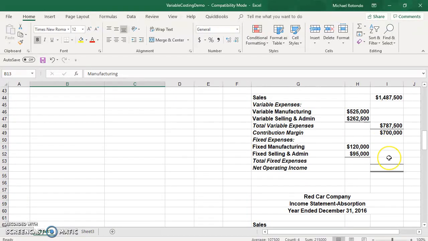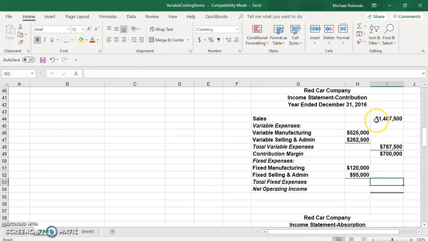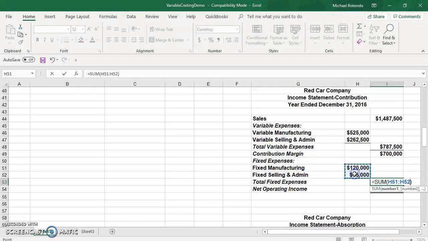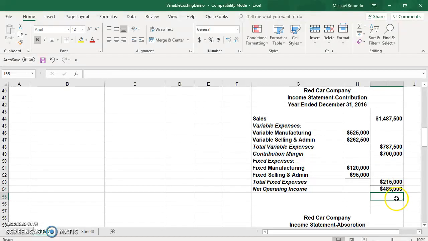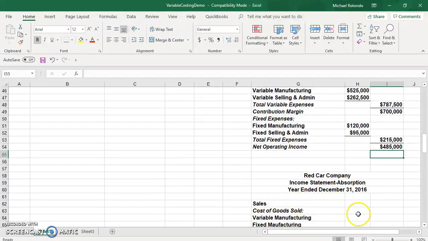So our total fixed expenses is going to be $215,000. So our net income under this scenario, remember contribution margin minus fixed expenses, will be $485,000. So we're probably going to get a different net income here, right? And it's probably going to be higher because we can only expense what we sell for the fixed manufacturing.